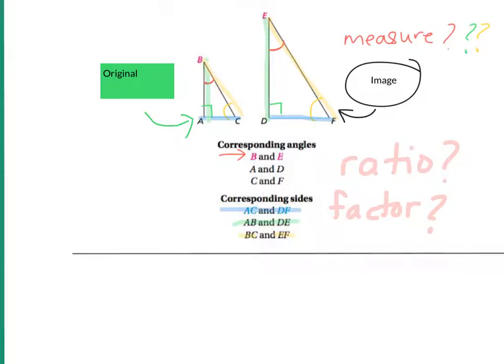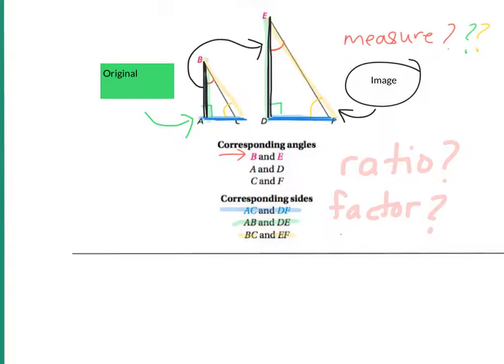Are they 1 time larger? So if we go AB to DE, how many times larger is that side length of the copied image versus the original? How many times larger then would line segment DF be compared to AC?